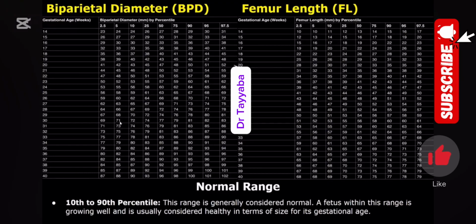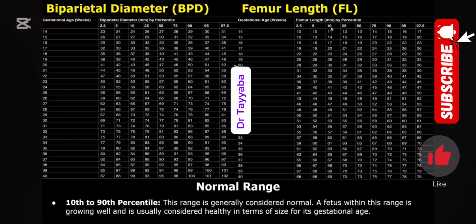Now the main thing to understand is which measurements are considered normal and which measurements are considered abnormal. Measurements that fall in the 10th to 90th percentiles are considered normal. The measurements outside the 10th to 90th percentile are usually considered abnormal.